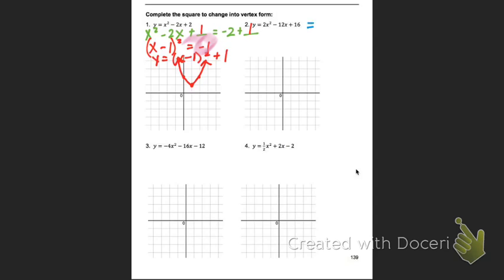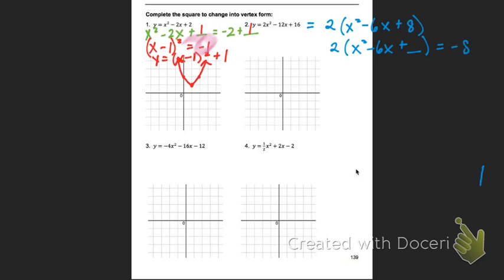So write 2 times x squared minus 6x plus 8. It's like factoring, like I'm taking it out.